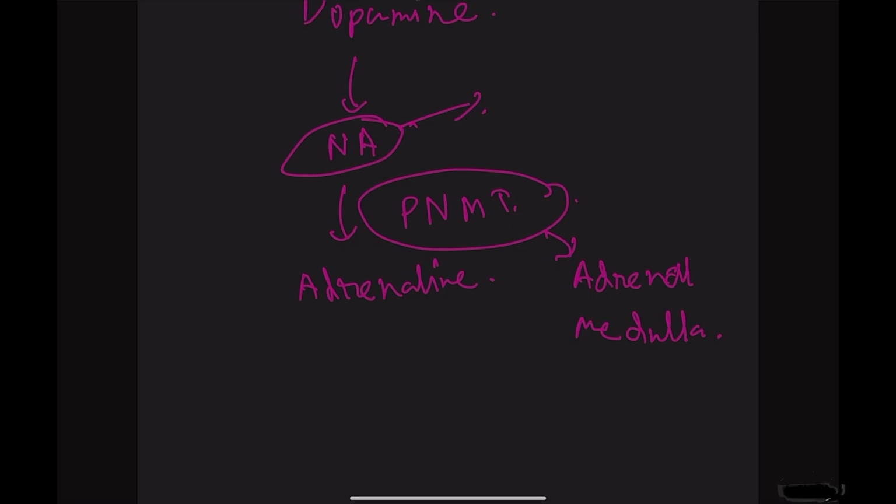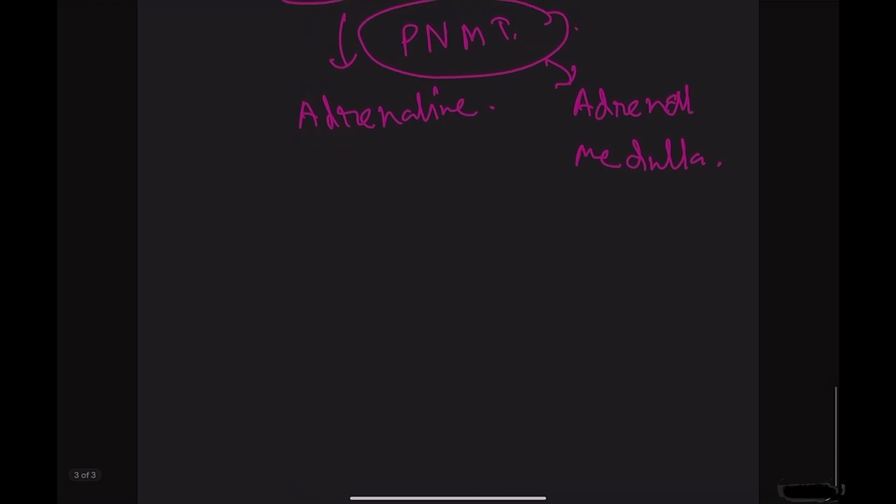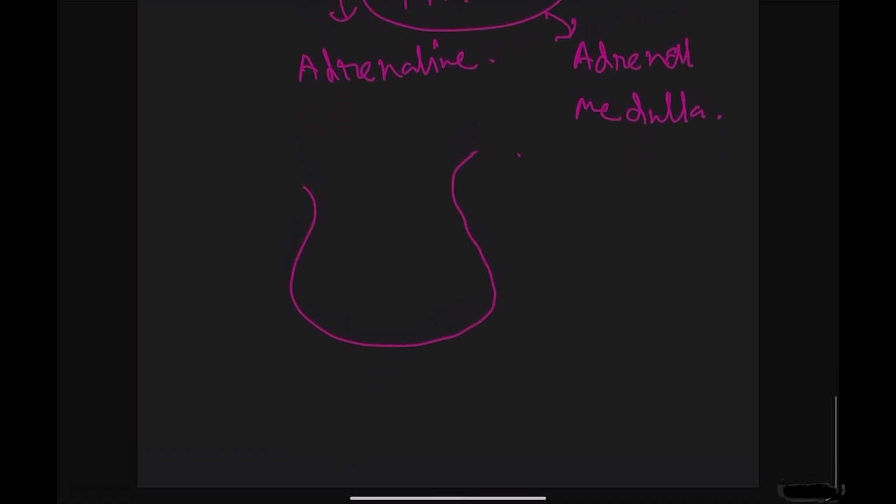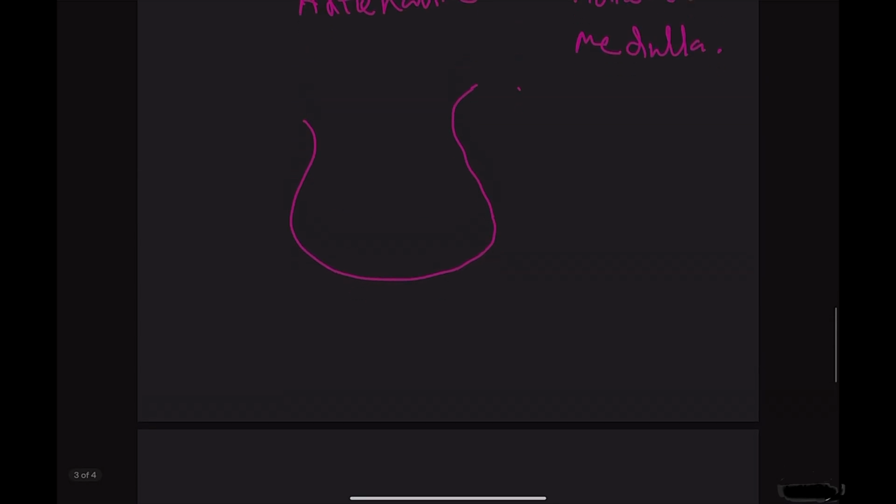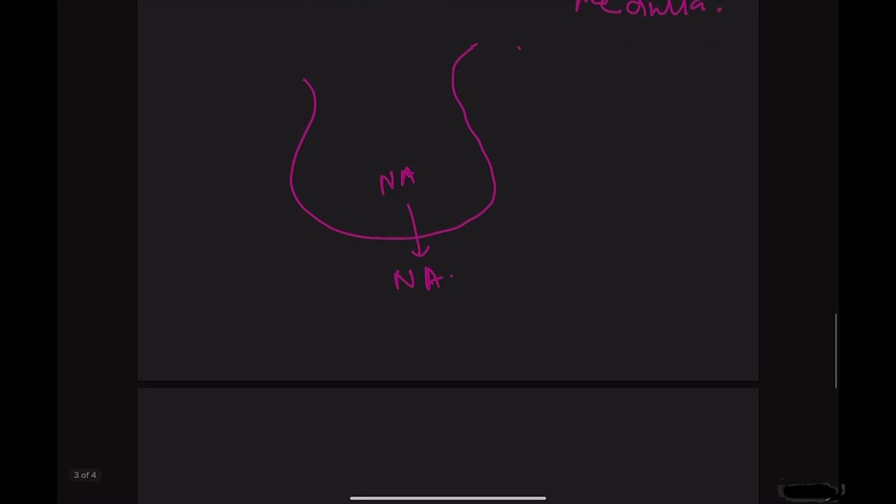Okay, so what happens when noradrenaline is released into the synapse from the nerve terminal? Let's think that this is the nerve terminal and noradrenaline gets released into the synapse. Okay, so it acts on the receptor.